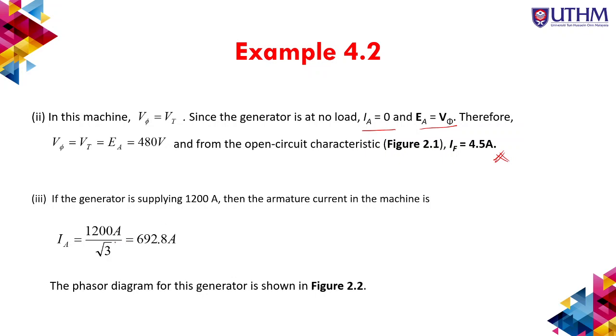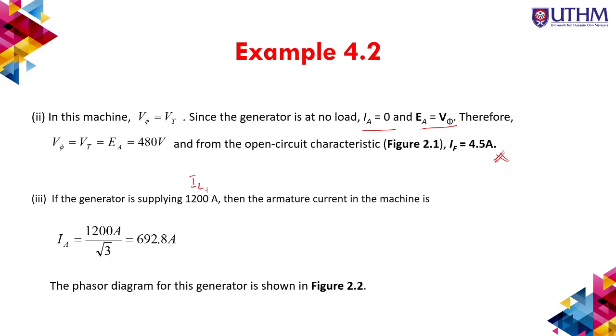So question 3, if the generator supply is 1200 ampere, then the armature current. This one you need to remember that this is not the IA but the IL, line current.